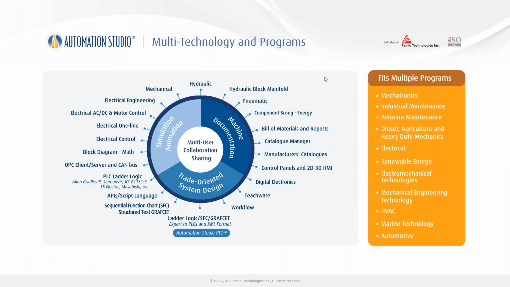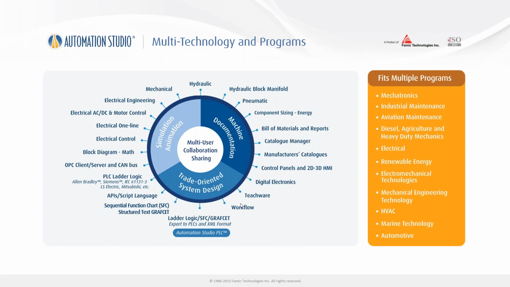Our software is a multi-technology software used by different departments. It is used in hydraulic block manifold, pneumatic, component sizing, energy, bill of materials, catalog manager. Then we have manufacturer's catalog, control panels, digital electronics, teachware.